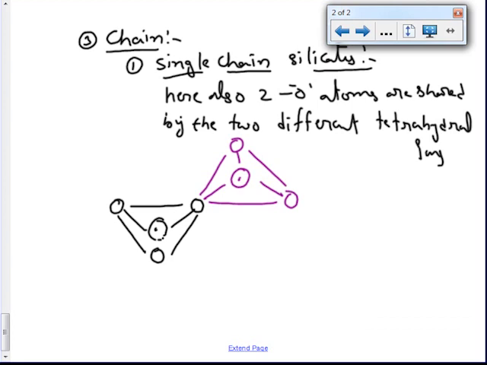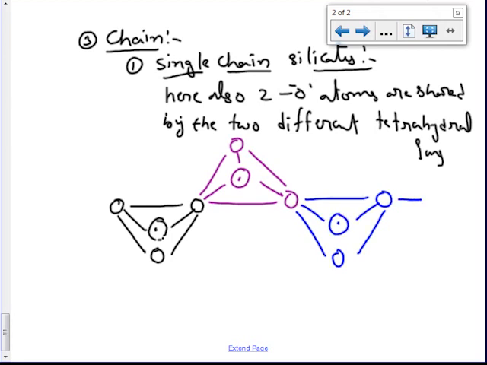Previously it was cyclic, but now it is a straight chain, so now I am taking it in a straight chain form, like this, going on. Now see the three different molecules. Now each one is shared by two oxygen atoms with the different tetrahedral molecules.